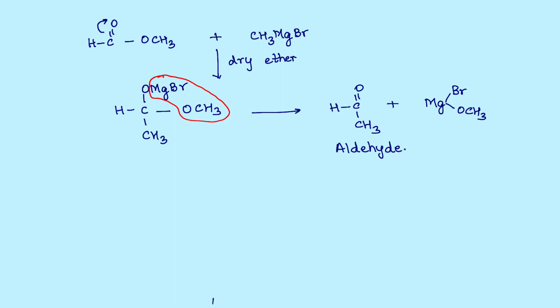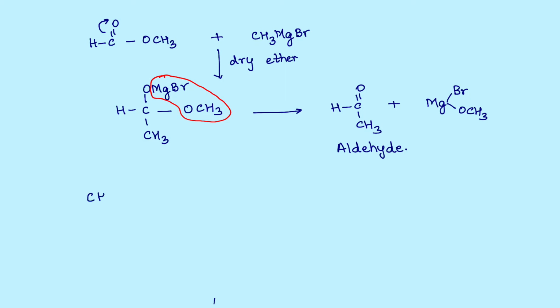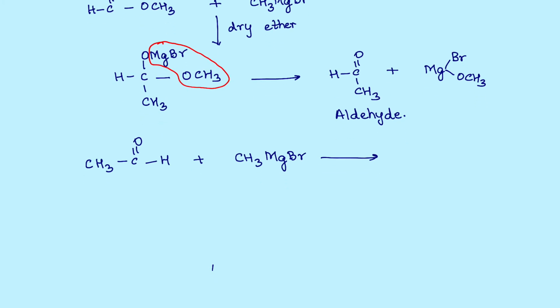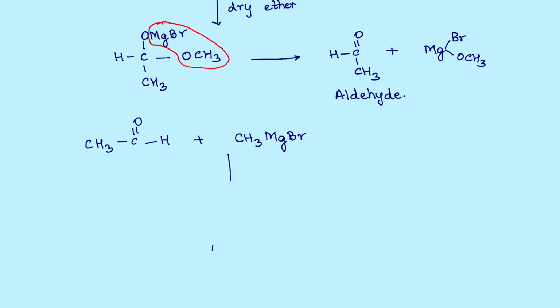And do aldehydes react with Grignard's reagent? Yes, they do. Come on. So let's start writing the reaction. CH3, C double bond O, H plus again the same Grignard reagent, CH3MgBr, because if you know, we don't separate the Grignard's reagent from the reaction mixture. We add the ester or the compound or the substrate to the reaction flask itself.